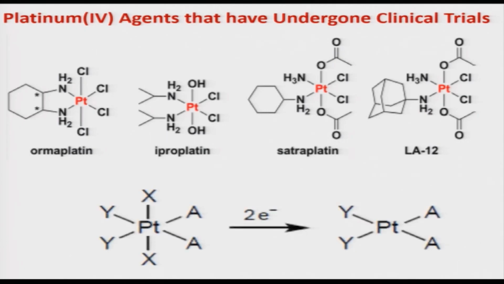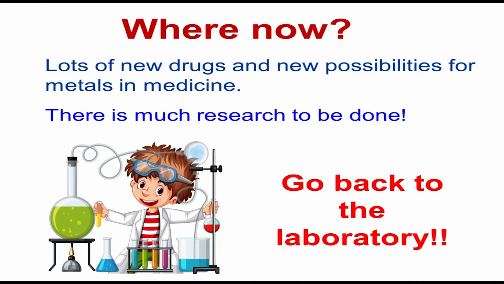However, as I have just said, the platinum 4 agents are actually prodrugs. The real drug would be platinum 2 plus and square planar. So, what is happening inside the cell? This undergoes a reduction to produce this square planar platinum 2 complex, which is actually the active anti-cancer agent in our body.